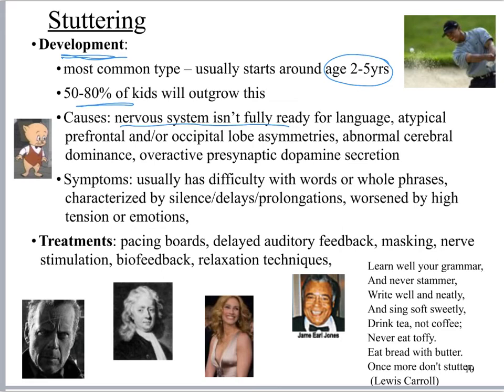You've got some asymmetries going on, and you may have some overactive dopamine secretions, and this impacts the ability to make your word sounds. Most kids outgrow it because eventually the nervous system catches up. And then I list some treatments, and I put a whole bunch of pictures of people who dealt with stuttering in their lives.